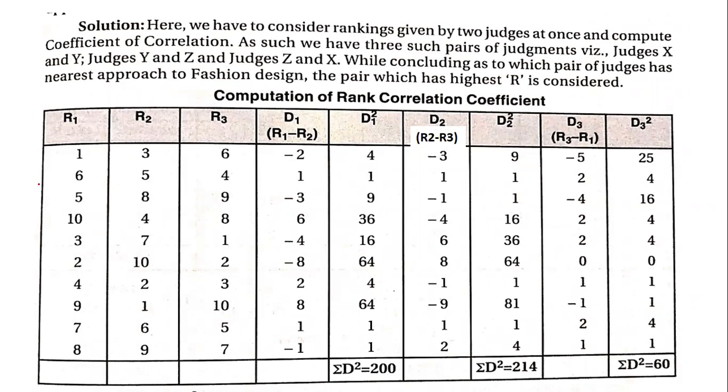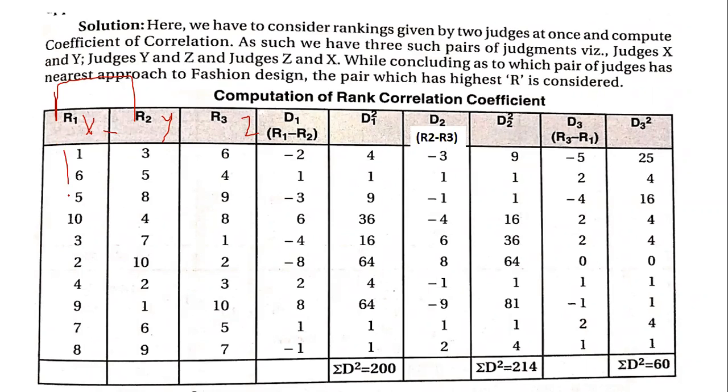So R1, R2 and R3 are the ranks given by Judge X, Judge Y and Judge Z. Firstly, we will consider Judge X and Y. In that case, R1 minus R2 is supposed to be found out.